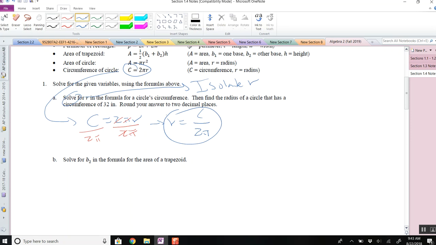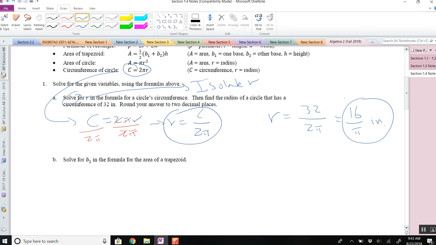Now you're told to find the radius when the circumference is 32. Okay. So the circumference is 32. And 32 divided by 2 is 16. So the answer is just 16 over pi. And of course, don't forget units, 16 over pi inches. It does say to round to 2 decimal places. Let me grab my calculator here.